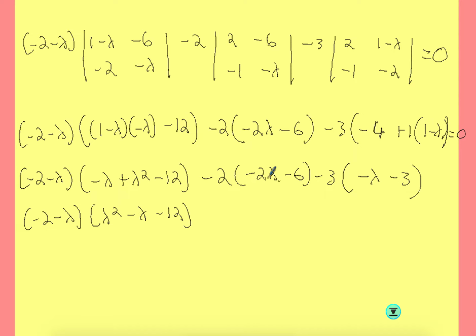And here, there's a common factor of -2, so I can make that +4 lambda plus 3. And here, if I take a common factor of -1, that makes that lambda plus 3. Cool. So if I factorise this and I get lambda plus 3, it's looking good.